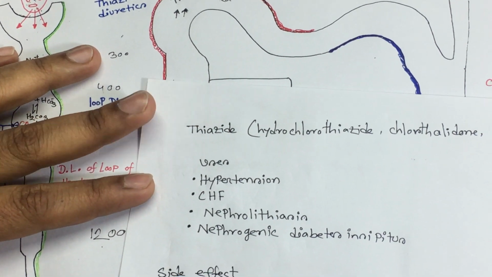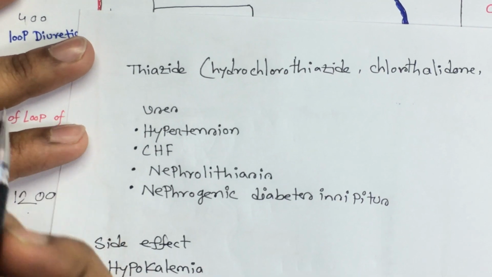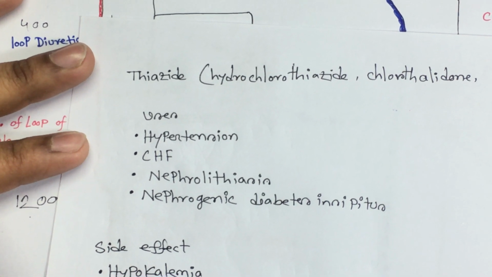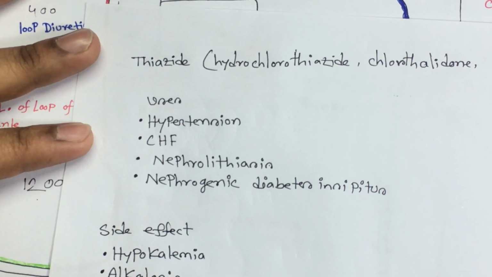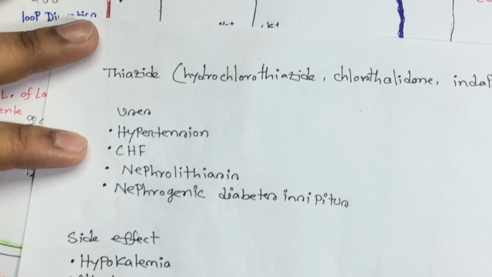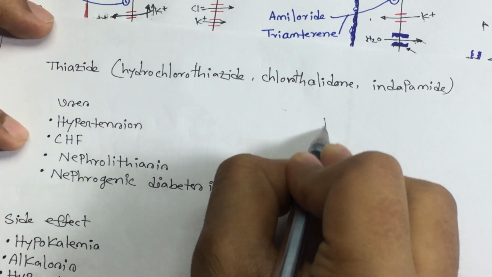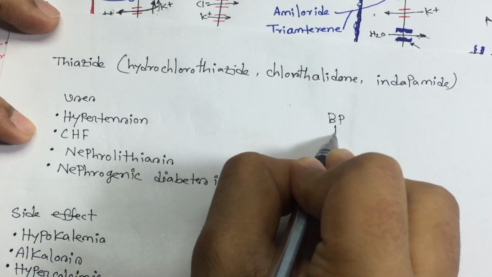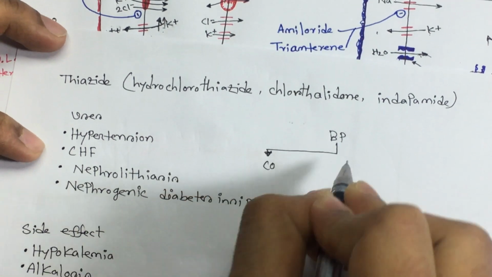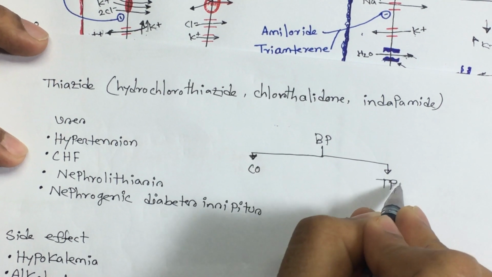So, the uses of these thiazides. Thiazide drugs include hydrochlorothiazide, chlorthalidone and indapamide. The first use is hypertension. Our blood pressure depends mainly on two things: cardiac output and total peripheral resistance.